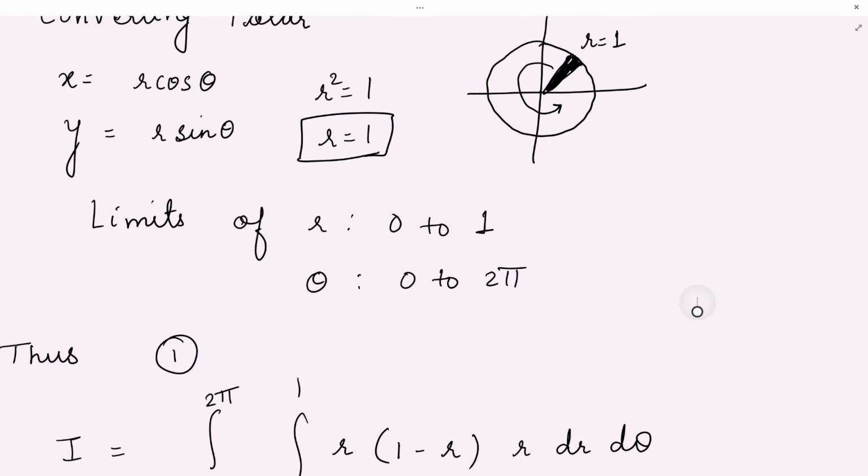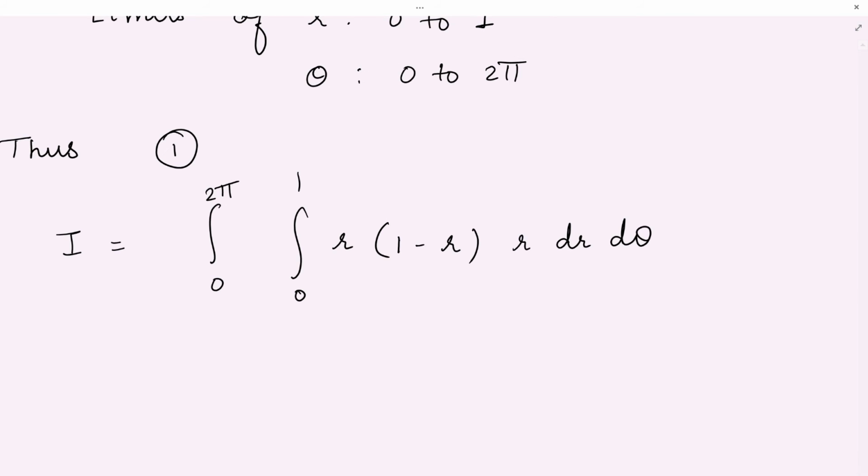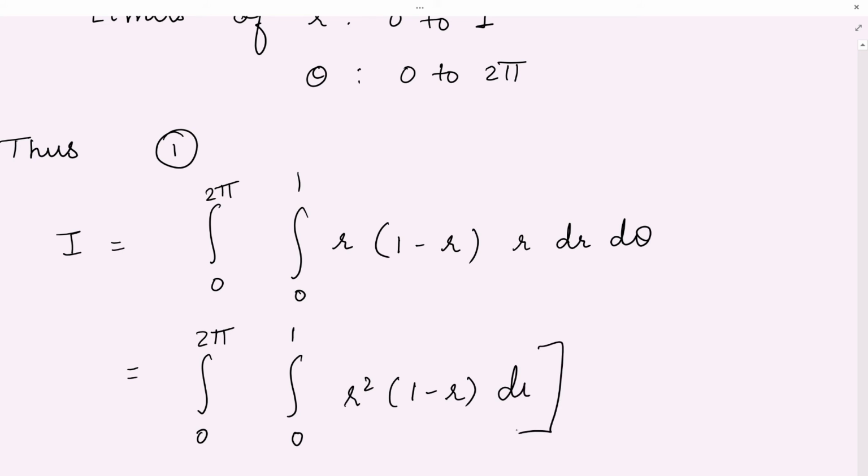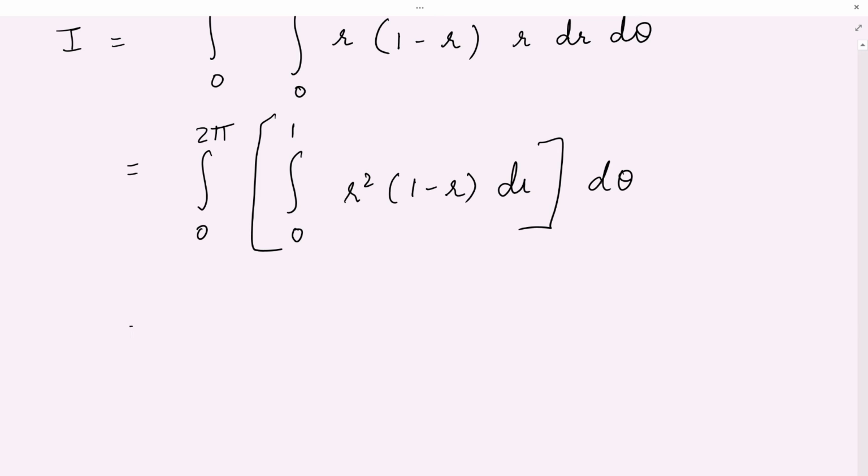I have not written here, but you know dx dy is r dr d theta. Okay, so let's integrate this. This is 0 to 2 pi, 0 to 1, r square into 1 minus r dr d theta.